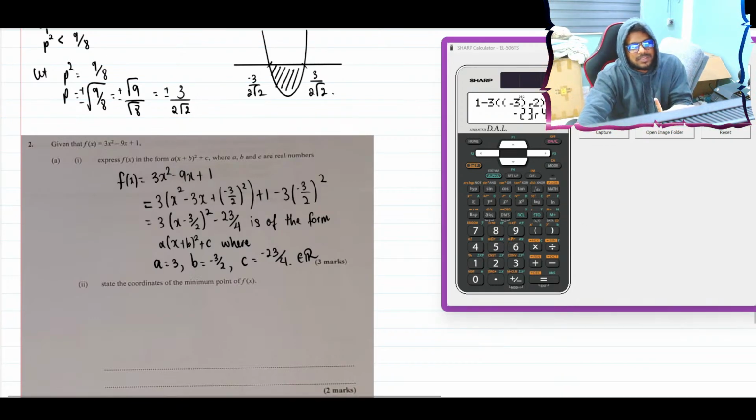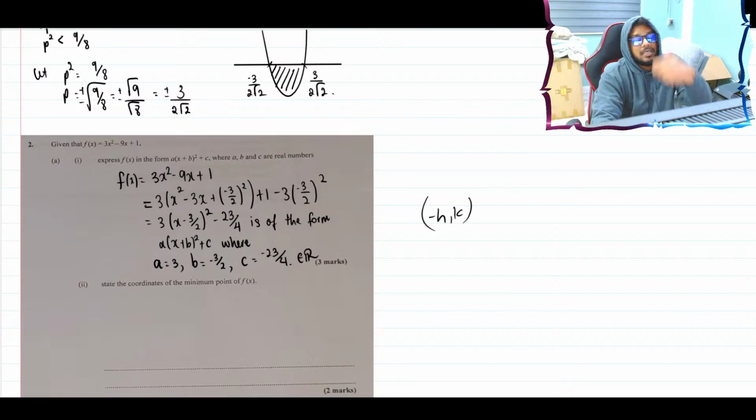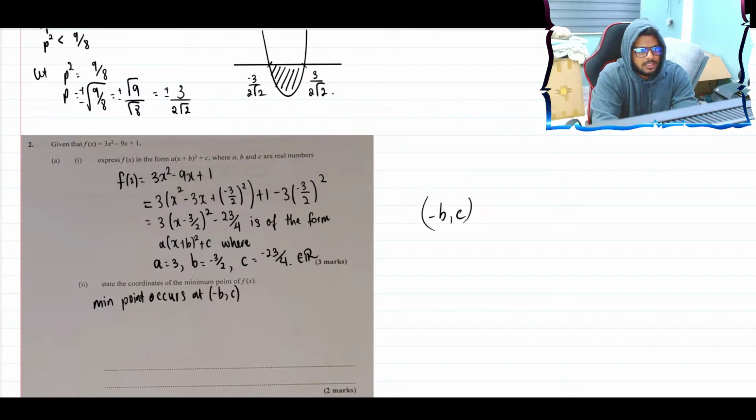We know that this is a positive x squared, so we know it's a minimum point. We also know at minus h comma k, that is where the minimum point occurs. In this case, it's not minus h, but it will be minus b. It wouldn't be k, it will be c. So at minus b comma c, we have the minimum point. So you just state the minimum point occurs at minus b comma c, which is going to be 3 over 2, comma, minus 23 over 4.